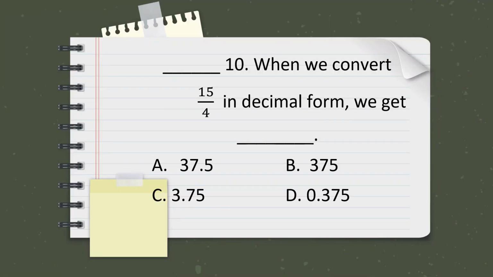Number 10. When we convert 15 over 4 in decimal form, we get blank. A. 37.5. B. 375. C. 3.75. D. 0.375.